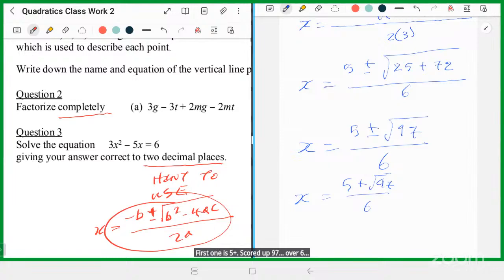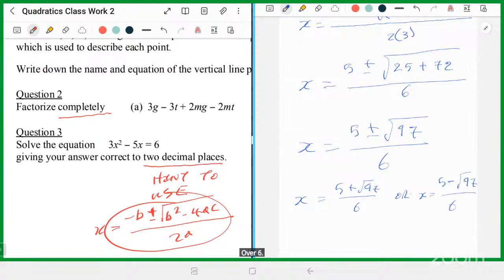And the second one, or x equals 5 minus root 97 over 6.